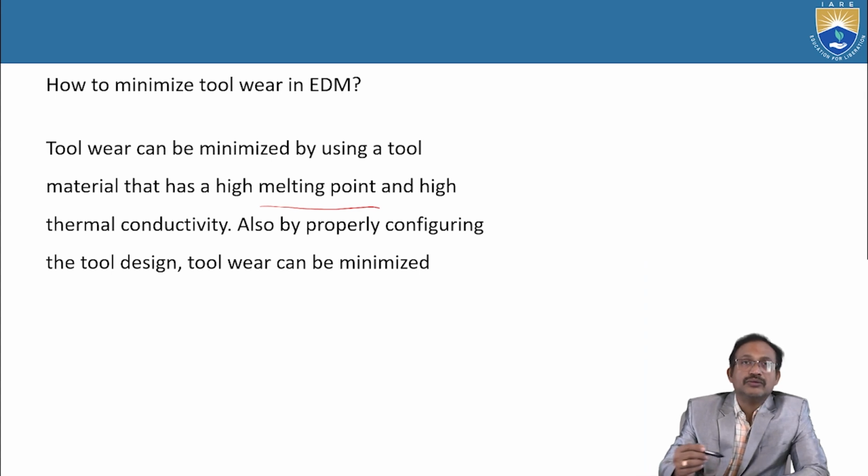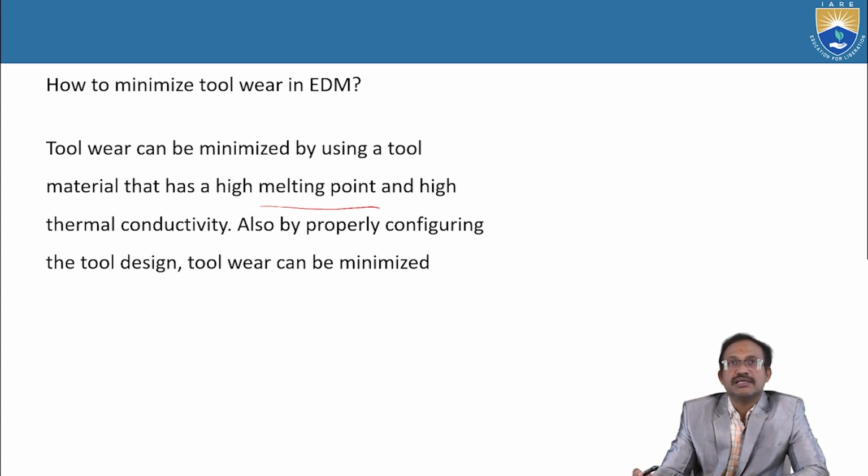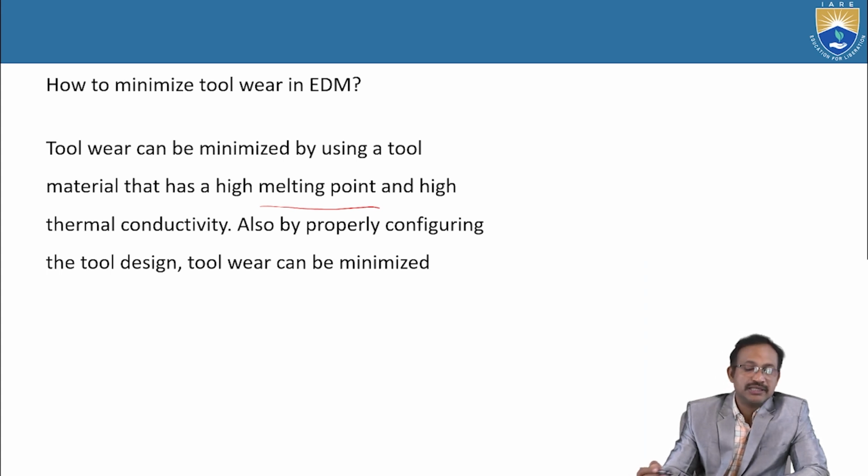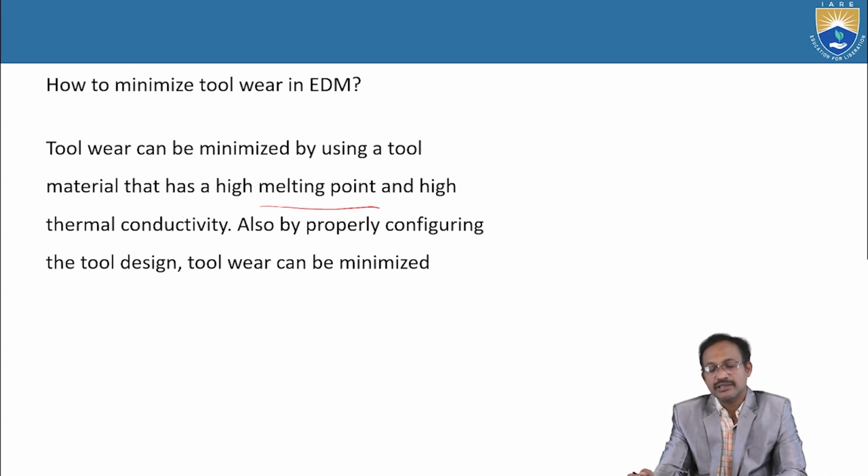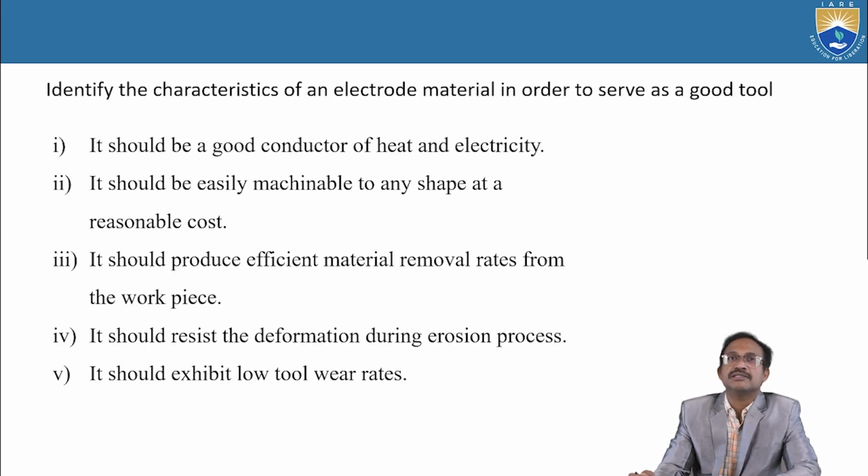Tool wear is a common phenomenon in electrode discharge machining, but we have to select the optimum tool material in order to have less wear. It should have high thermal conductivity too, along with a high melting point. So we have to select materials with those properties.